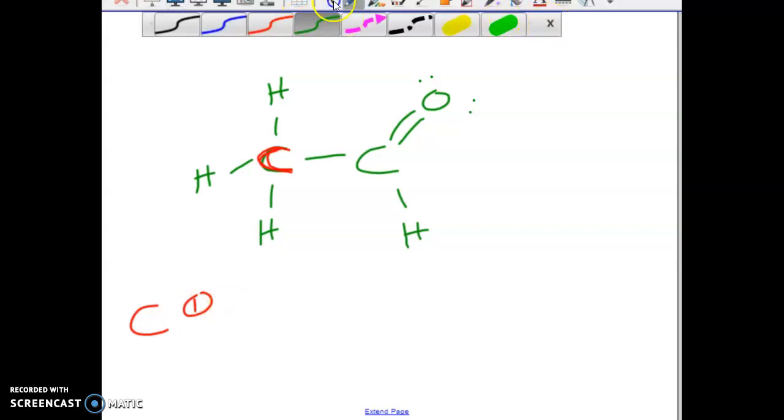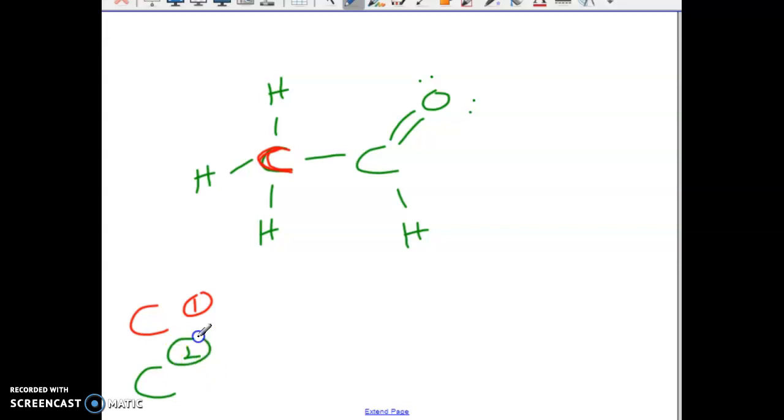Green carbon, central atom number 2, has an oxygen, a hydrogen, and a carbon. So there are 3 elements bonded to it. So you can have central atoms in one big molecule that take on different shapes. Not every part of your molecule will necessarily have the same shape.